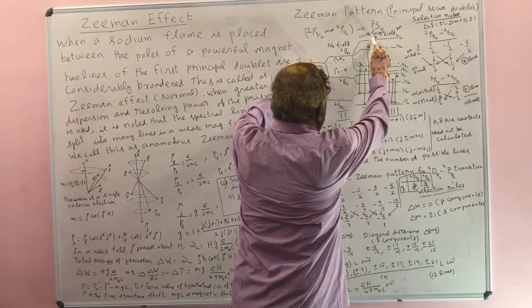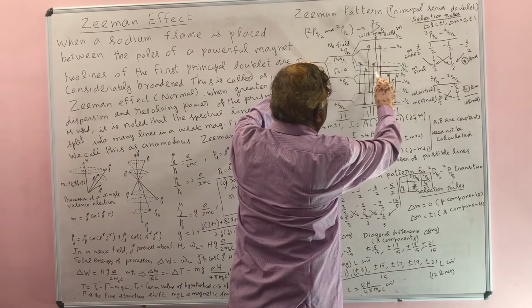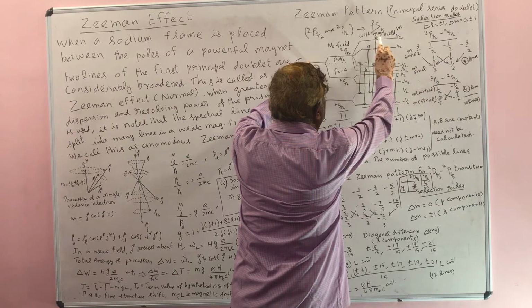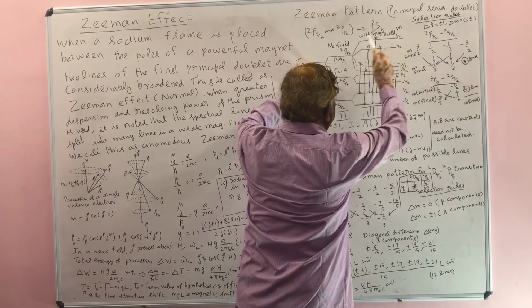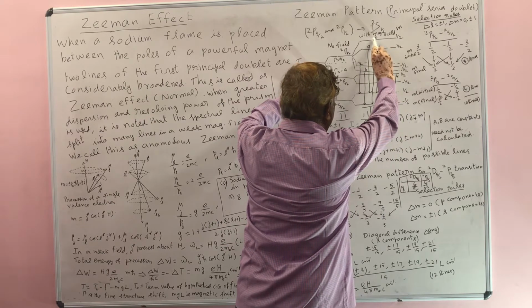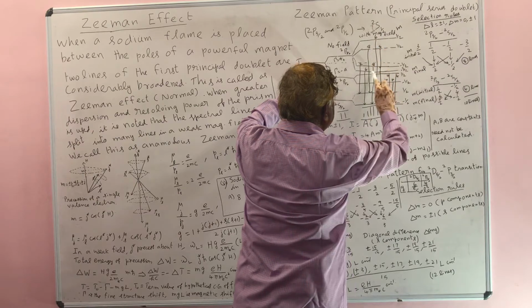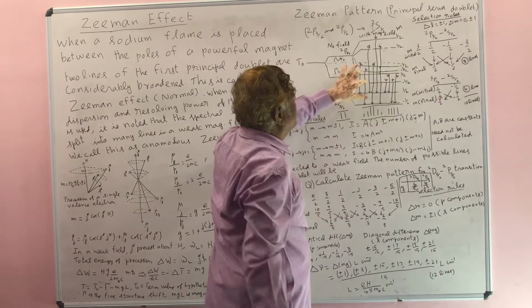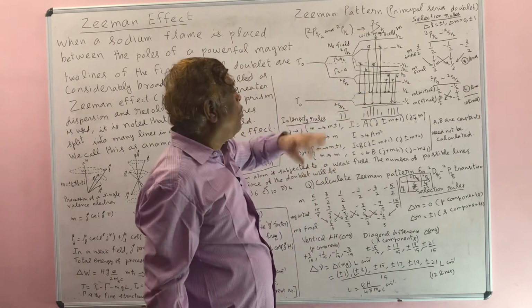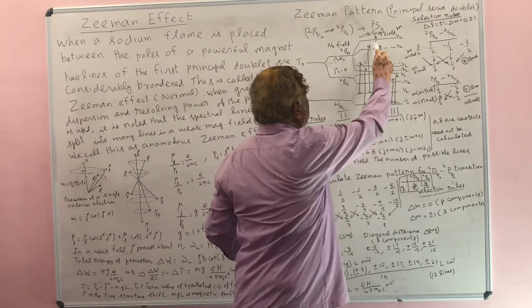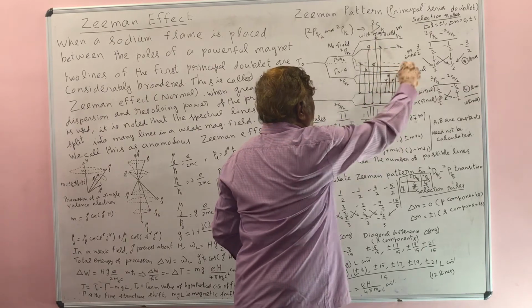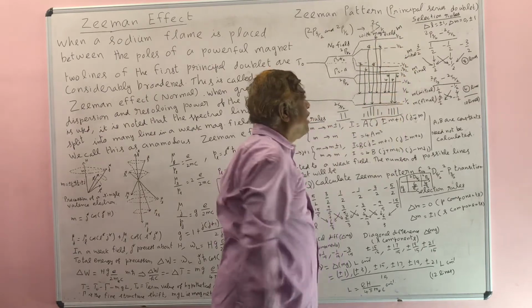From here to here it is not possible because this is a P state, 2p 3 by 2, which corresponds to L is equal to 1. This also corresponds to L is equal to 1, so delta L is equal to 0, which is not permissible. So there won't be any transition taking place from this level to this level, because delta L must be plus or minus 1.